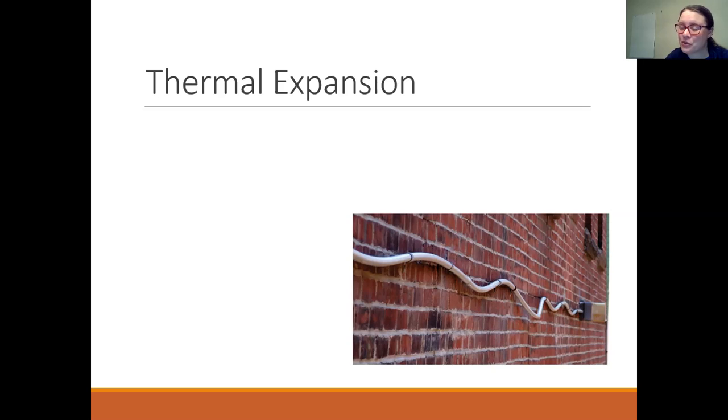Well, you're going to find that brick retains quite a bit of heat. It absorbs a lot of heat. Because it absorbs heat, it can transfer that heat to other things. So in the summertime, when it gets hot, our conduit heats up. We've got thermal expansion that occurs.